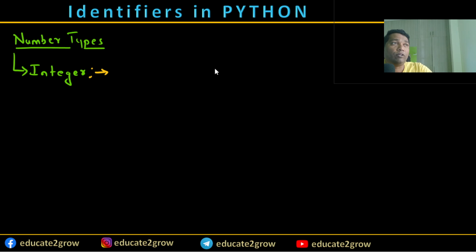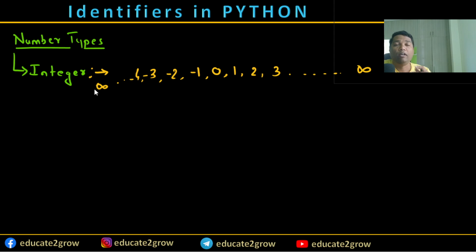So 0 here, and 1, 2, 3 and so on till infinity, and here -1, -2, -3, -4, and so on till infinity. This is the range of the numbering system.